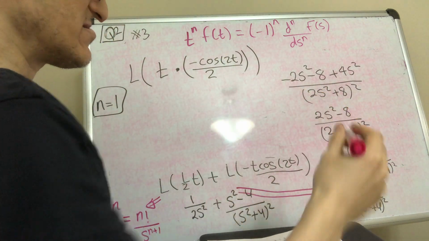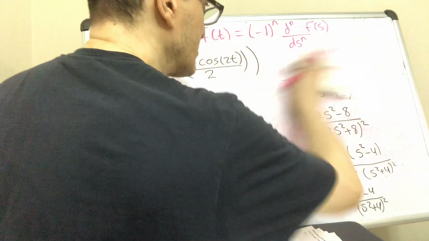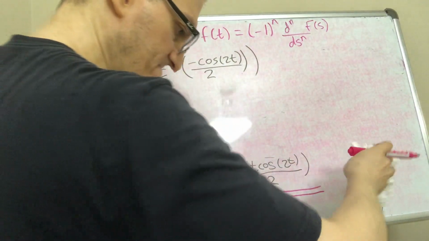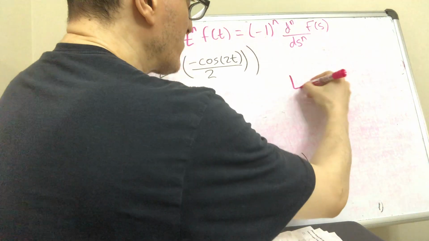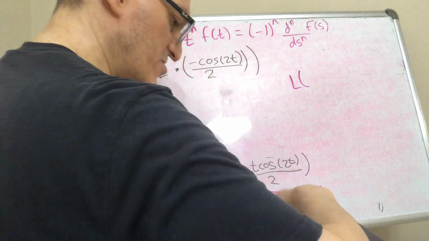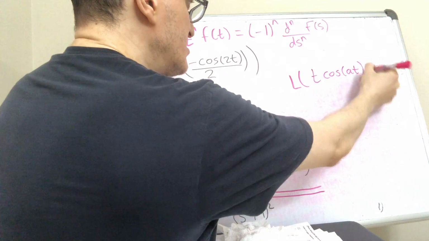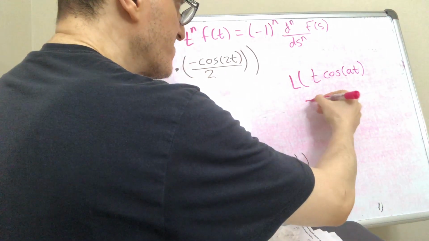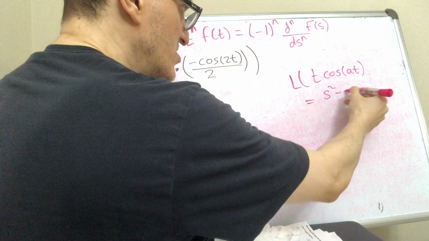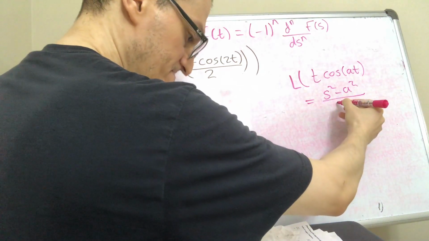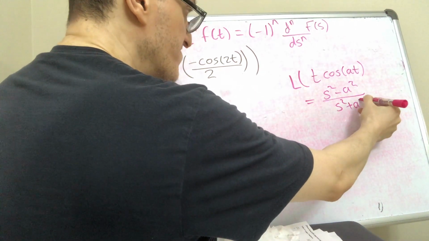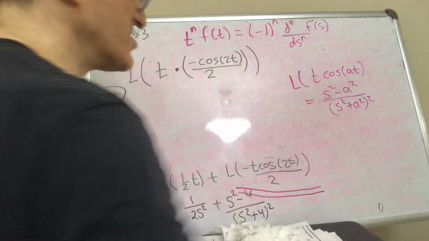The rule says, I'm going to erase this, I'm going to write the rule. When you have Laplace transformation for t cosine at, then it's s squared minus a squared over s squared plus a squared, squared.